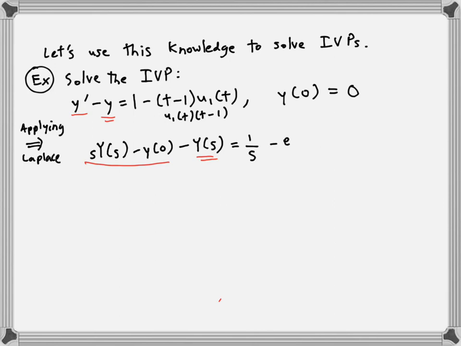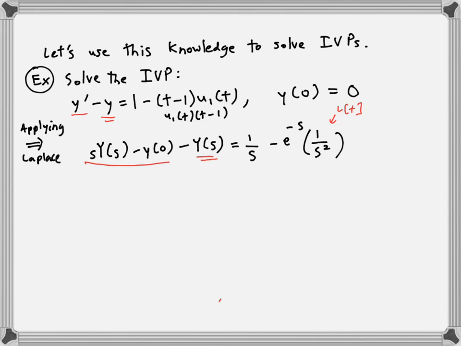So it's going to be e to the negative s, and then what goes there is the Laplace of t, which is 1 over s squared. So it's going to look like this. And again, this is the Laplace of t. Why t? Because it was a t minus 1 before, and now it just got shifted over.